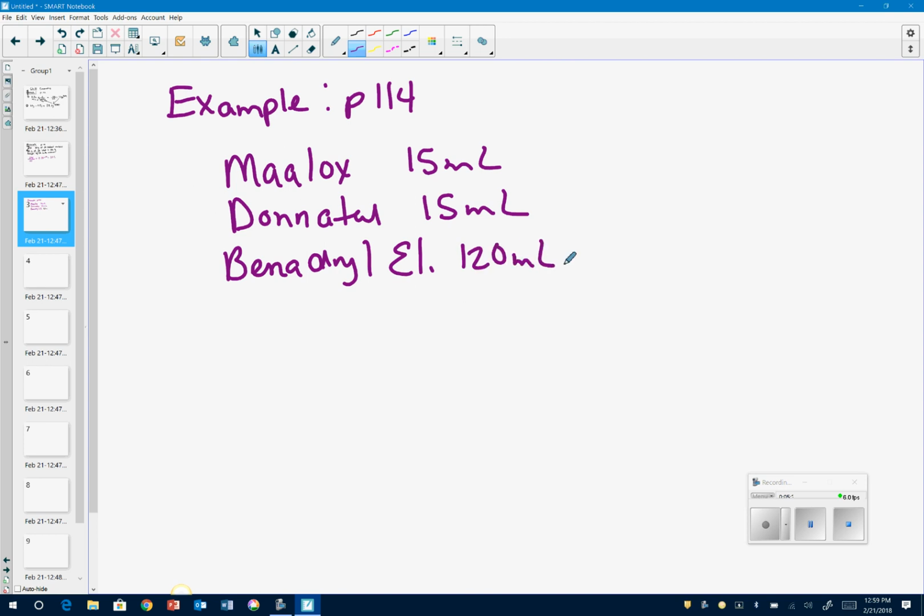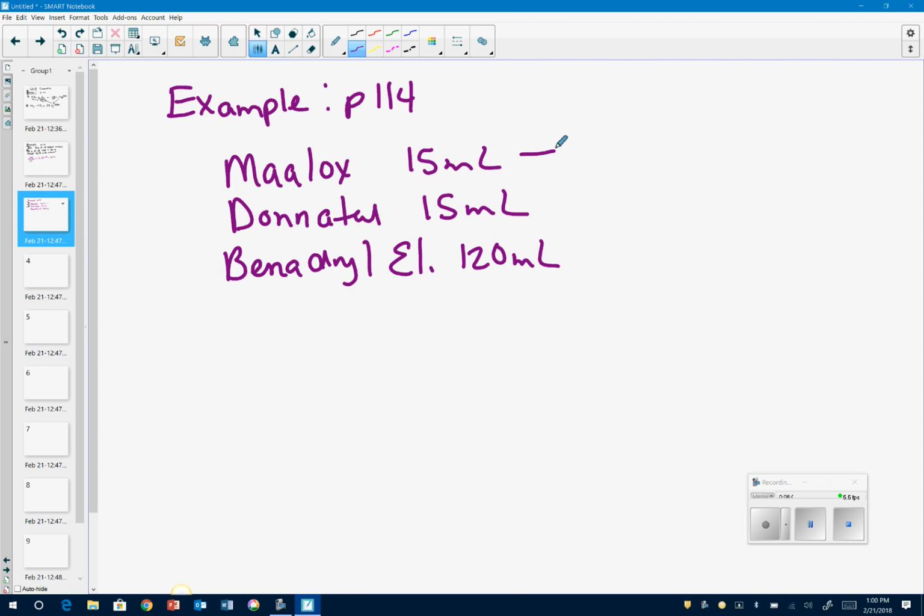So you're just mixing these three liquids together. Since they're all liquids, you're just going to use a graduated cylinder that measures 120 milliliters. First, you start with the smaller ingredients. So first measure the 15 milliliters of your Malox, then place the Malox in the graduate.